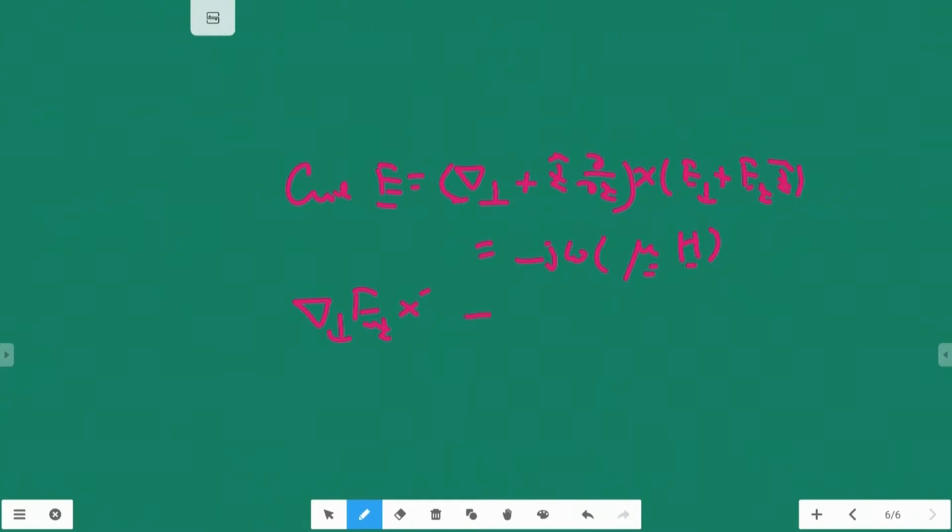So minus gamma del perpendicular Ez cross z cap. Del perpendicular Ez cross z cap minus gamma z cap cross E perpendicular is equal to minus j omega.